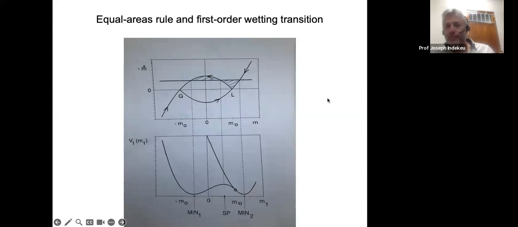Now I'll let you look at it a little bit before we discuss it. There's a small change in notation that shouldn't disturb you too much. The L corresponds to plus M0 and the G corresponds to minus M0.